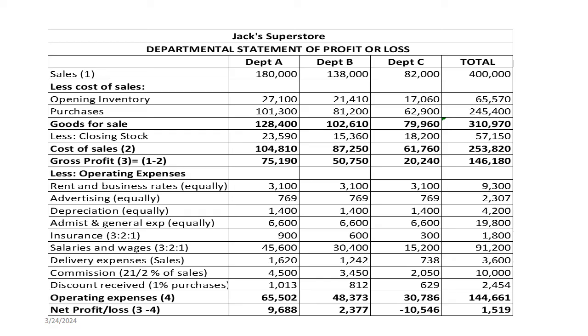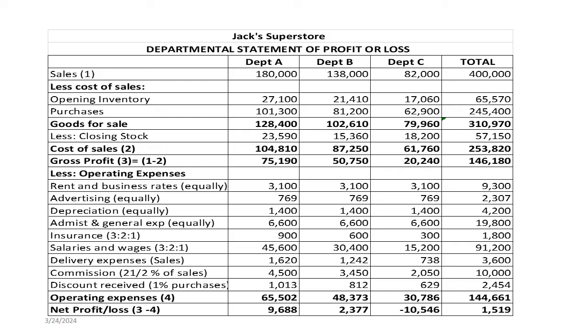But again, operating expenses. We have some operational expenses that we have been told should be shared equally, except those that are mentioned there. So those which are not mentioned underneath the questions are to be shared equally. Rent and business rate, the total is 9,300, is to be shared equally.